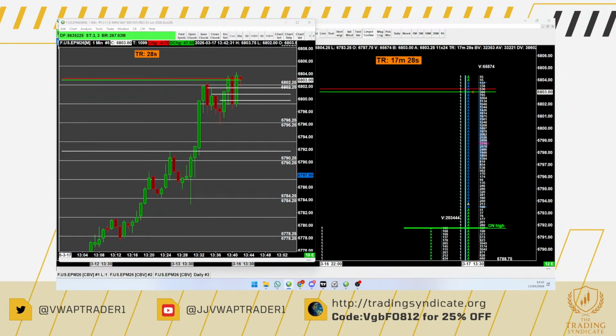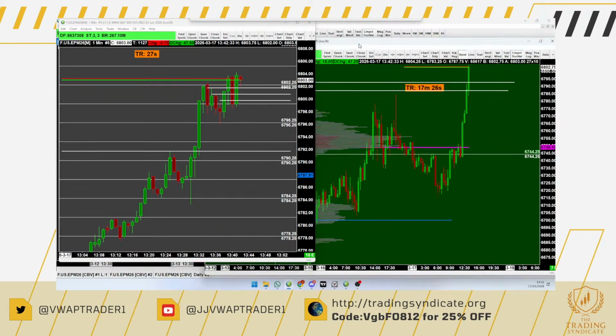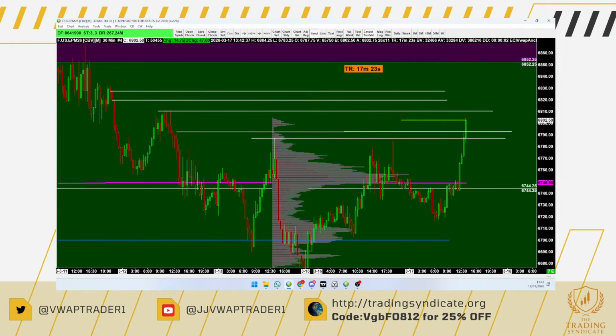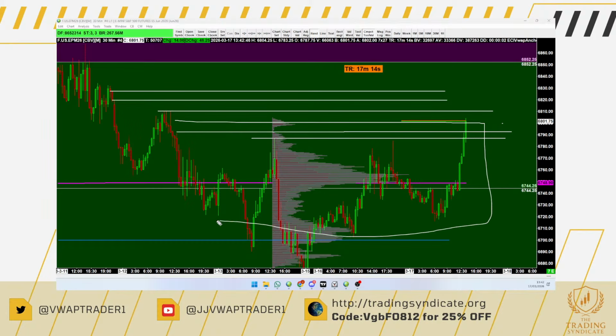Check it out. So you see all of the inventory is underneath us. Even if we retrace, it'll come back to this area here.